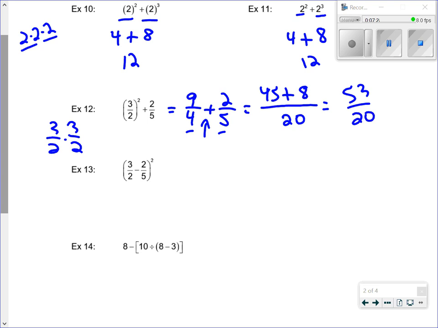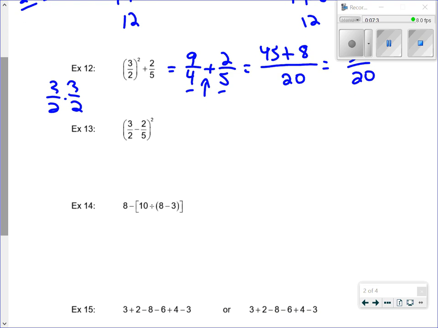Okay? Number 13, the order is different. We have a lot of the same numbers. We have 3 halves and a 2/5, and we have a square. But the order is different. This time we have to do the inside part first. So I'm going to draw a nice big parentheses and put that square on the outside. I'm going to get my common denominator for 2 and 5, which is 10. I'm going to put a minus because that's a minus.